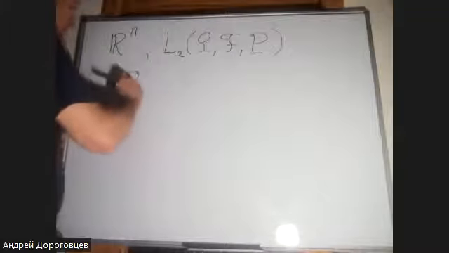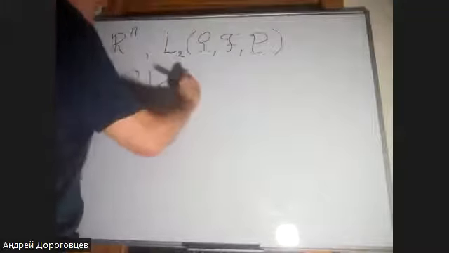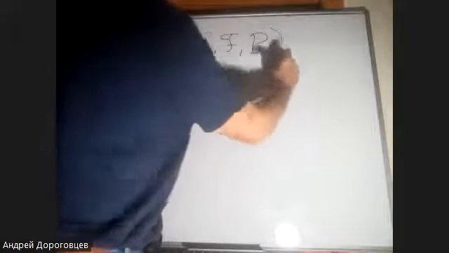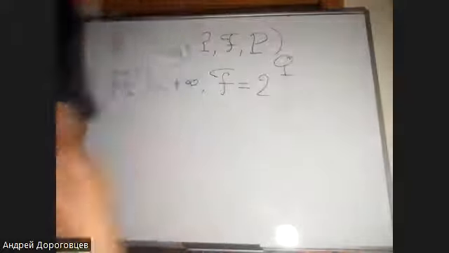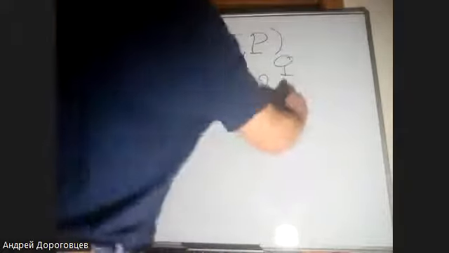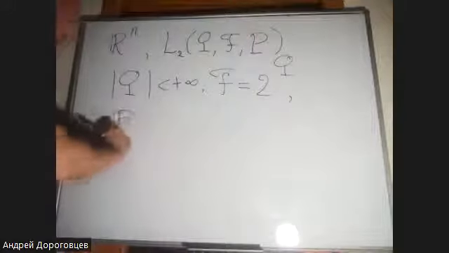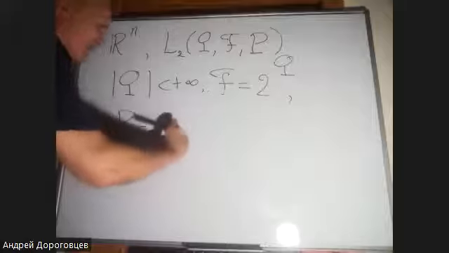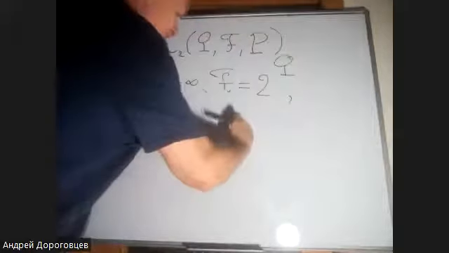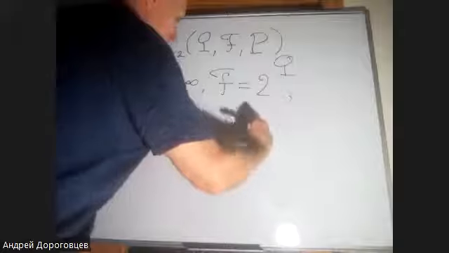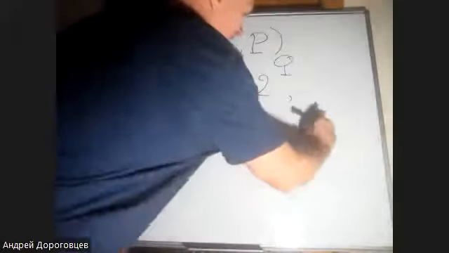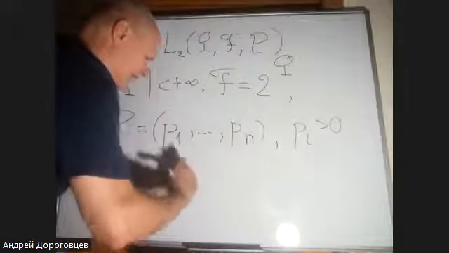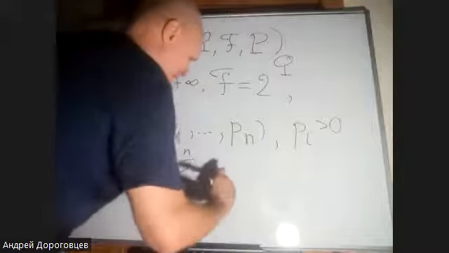But if Omega is finite, and in this case F, of course, can be taken as the set of all subsets, and P is supposed to be just a measure which gives positive weights to any component, p_i greater than 0, and the sum, as usual, is equal to 1.